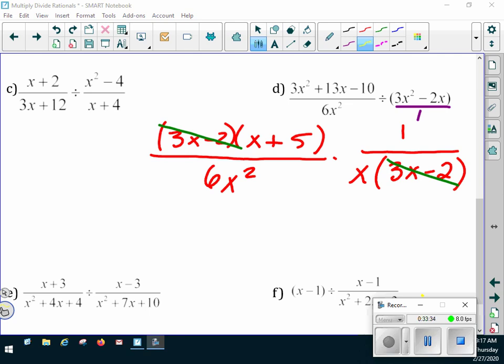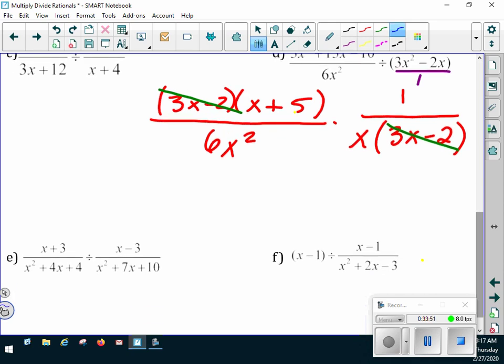That x and that 5 are held together in a bond that you are not allowed to break. That plus and minus is a bond that you cannot break, okay? So what's the answer here? X plus 5 over 6x cubed.